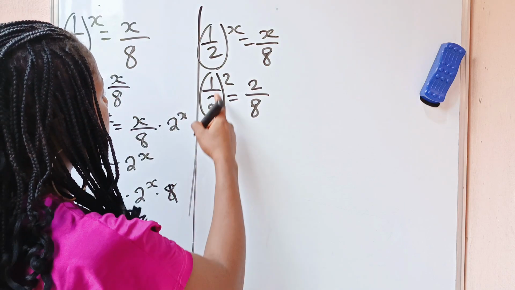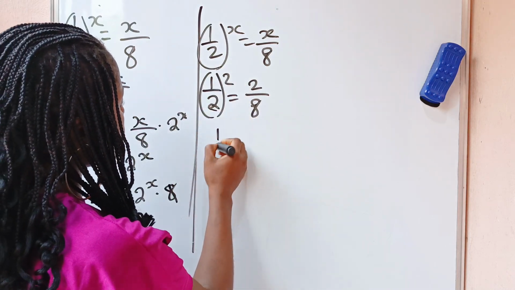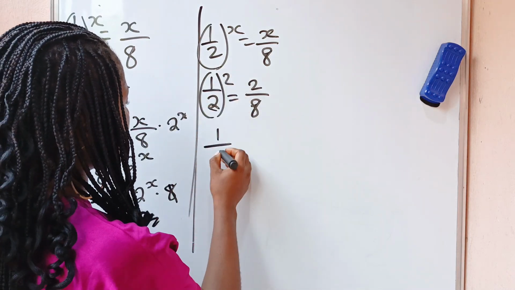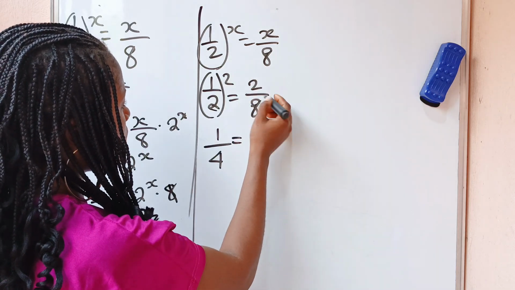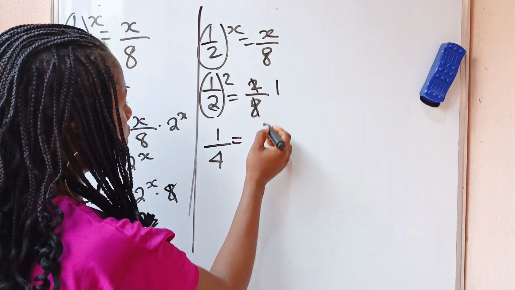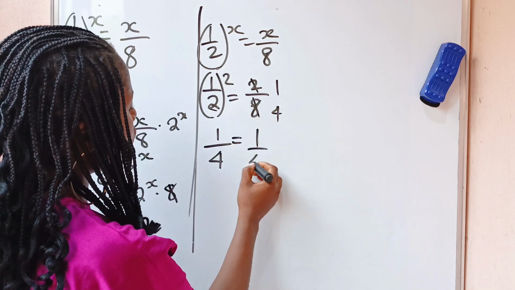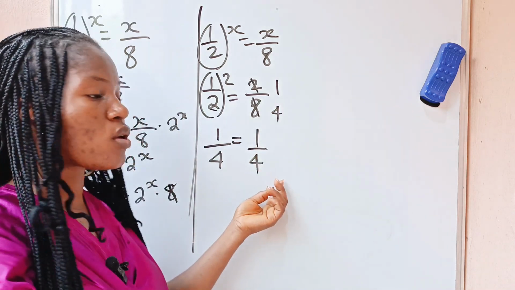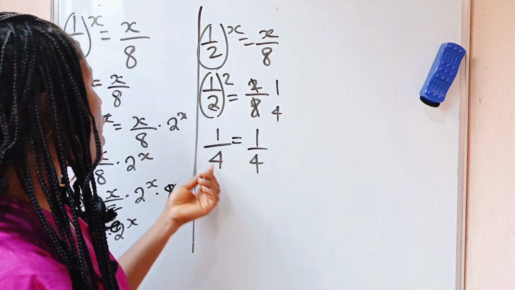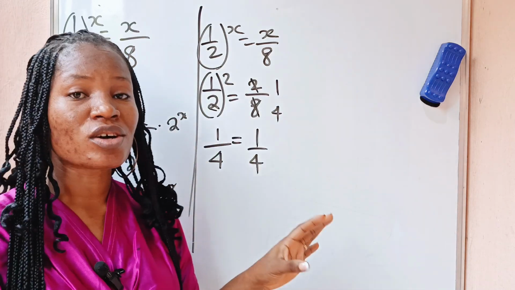All right, so let's see. 1 to the power of 2 will give us 1, and 2 to the power of 2 will give us 4. On the right, if we reduce 2 over 8 to its lowest terms, 2 divided by itself is 1, and 8 divided by 2 is 4. So we still have 1 over 4. So you can see that the left hand side of this equation is equal to the right hand side of the equation. And that simply means that the answer we got is correct.